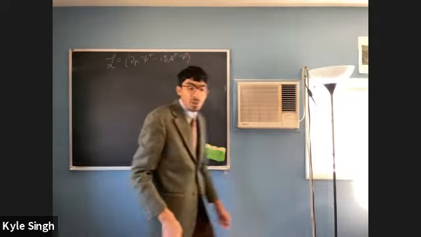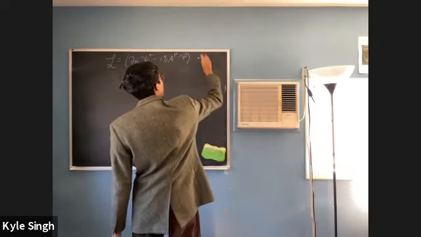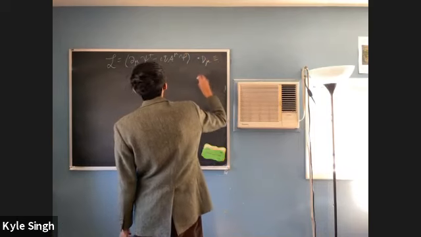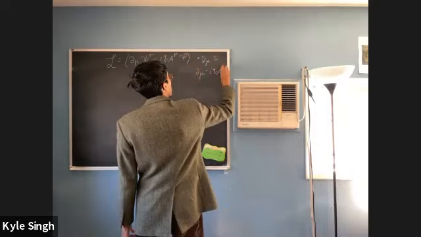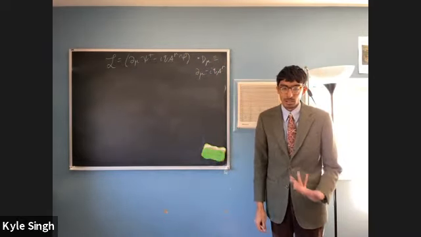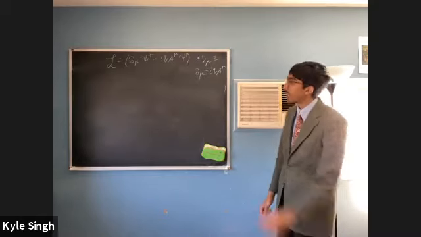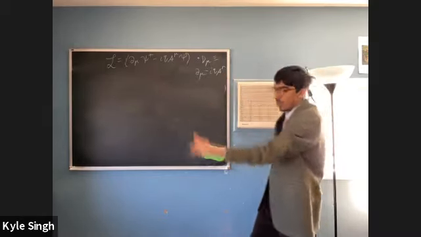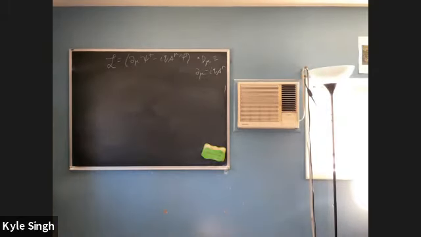What is my covariant derivative equal to? The gauge covariant derivative D mu is equal to d mu minus iQ A mu. This is what I mean by gauge fixing, because this is going to cancel out the extra terms from that local symmetry.